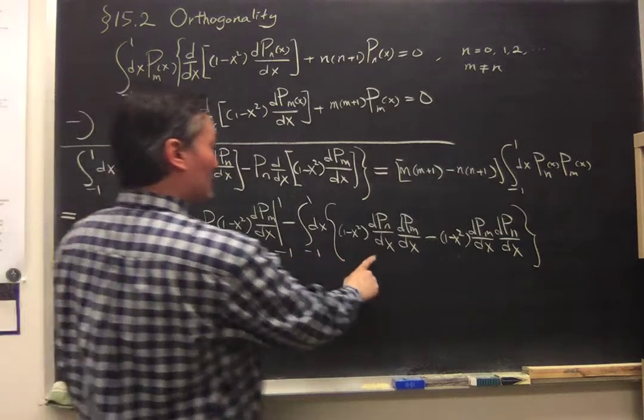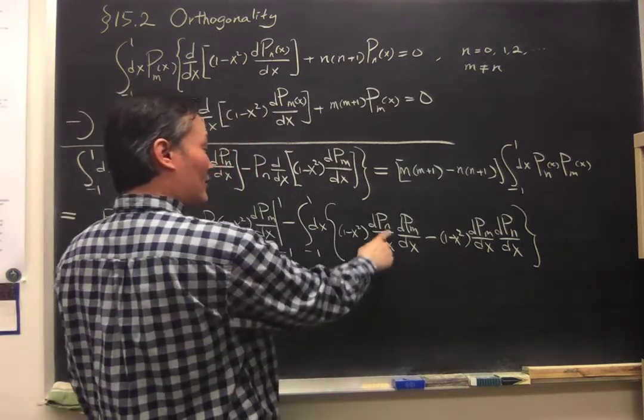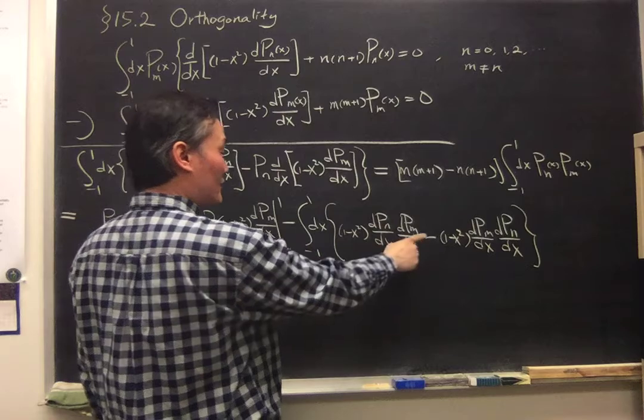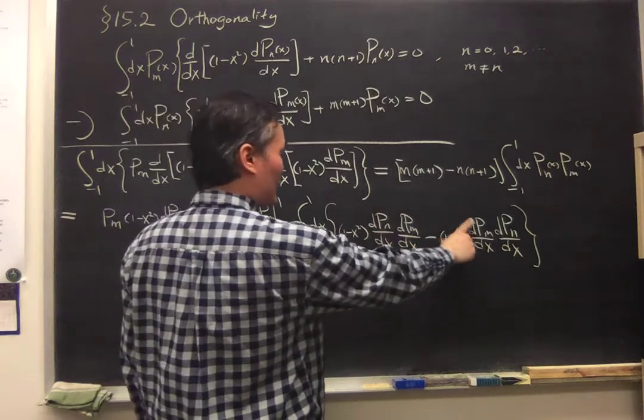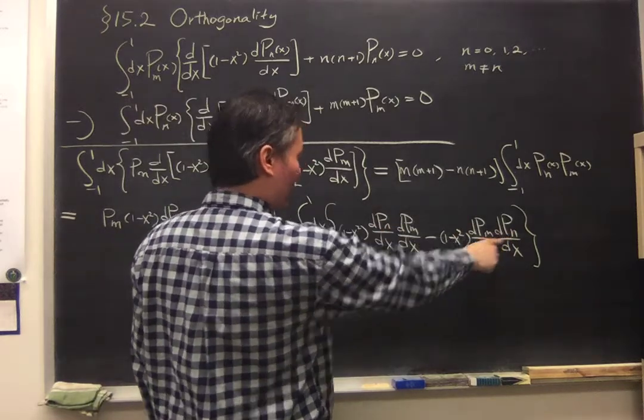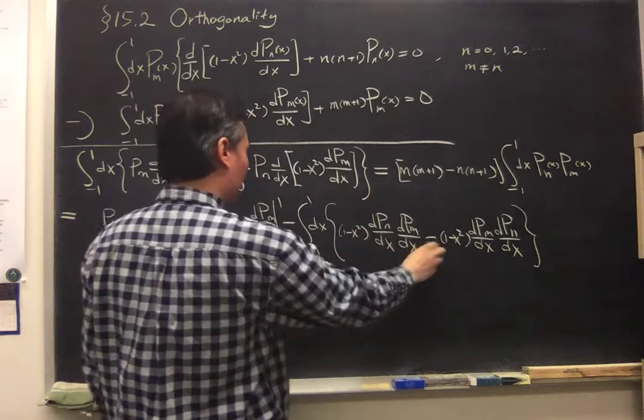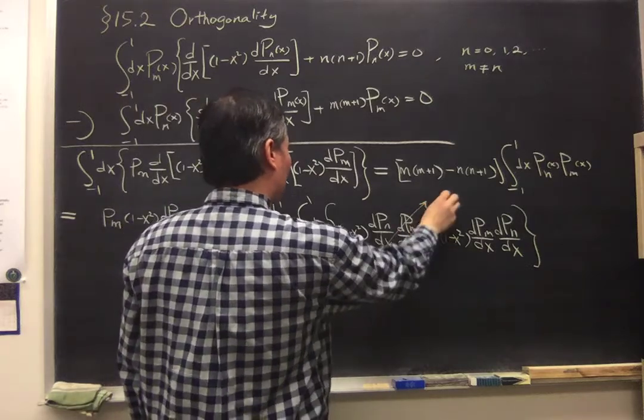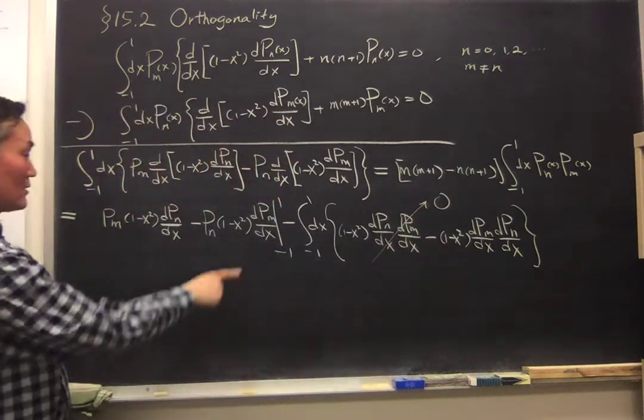Now you see that the integral is exactly the same, because both are the product of dP_n/dx and dP_m/dx multiplied by the same factor. So the integral is 0.